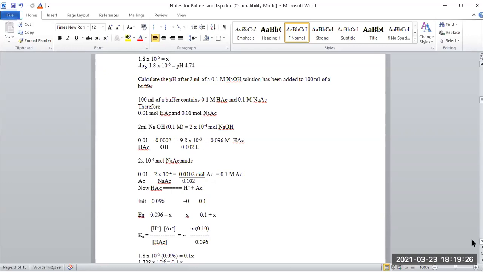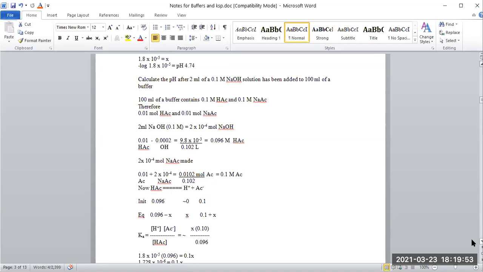So 0.1 times 0.1 gives you 0.01. And I'm going to use up, cancel out a small amount, 0.0002. That means I have 9.8 times 10 to the negative 3rd moles left.